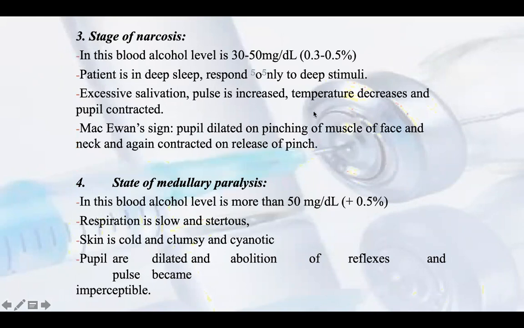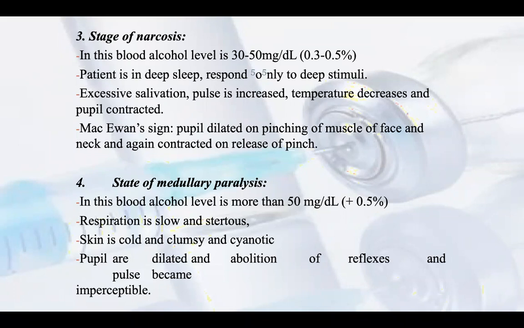Stage 3 is the stage of narcosis. In this, blood alcohol level is 300 to 500 milligram. The patient is in deep sleep, responds only to deep stimuli, excessive salivation, pulse is increased, temperature decreases, and pupils are contracted. McEwan's sign: pupil dilates on pinching of the muscles of the face and neck and again contracts on release of the pinch.